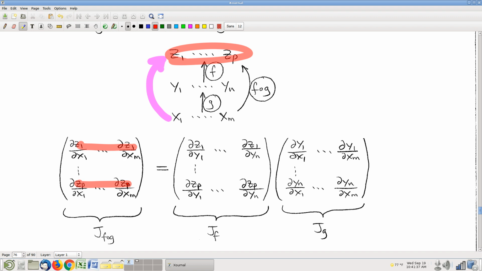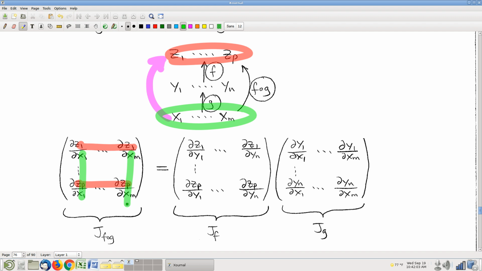Down at the bottom, all the numerators there are zp. All the different input variables, x1 through xm. Notice that in the first column, those are all partials with respect to x1, and then going left to right, at the right, all partials with respect to xm.